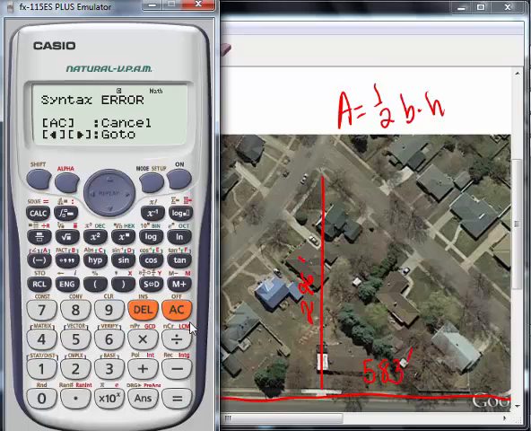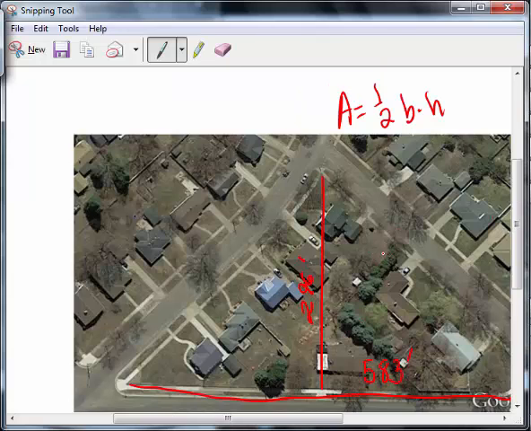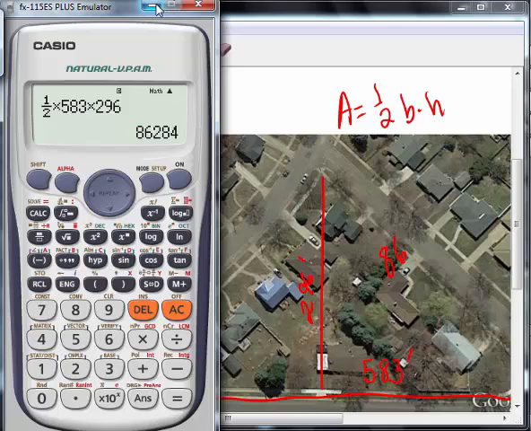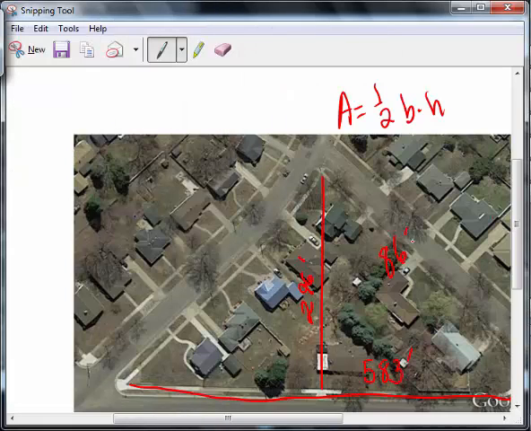296. Whoa, what did I do wrong? Oh, times. I didn't put a times sign in there. And we get the area is 86,240, I think that said, 284 square feet.